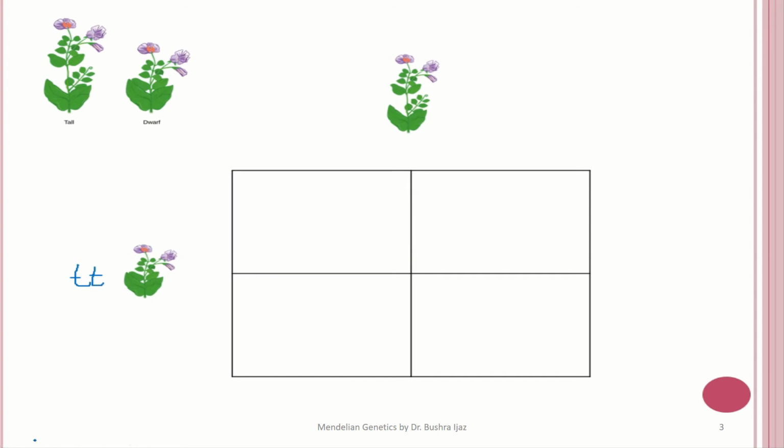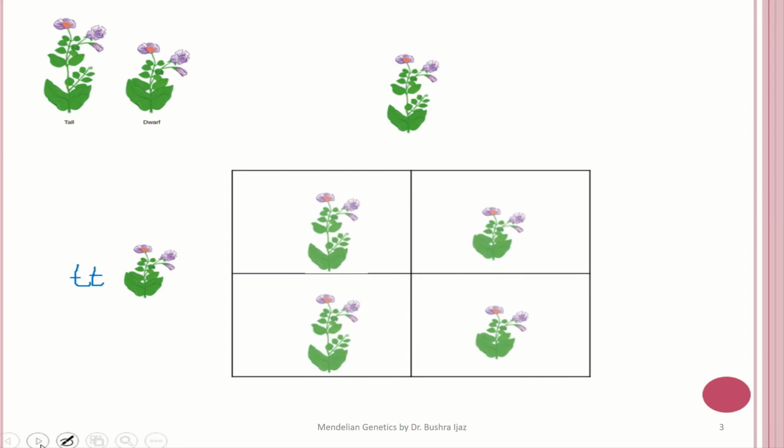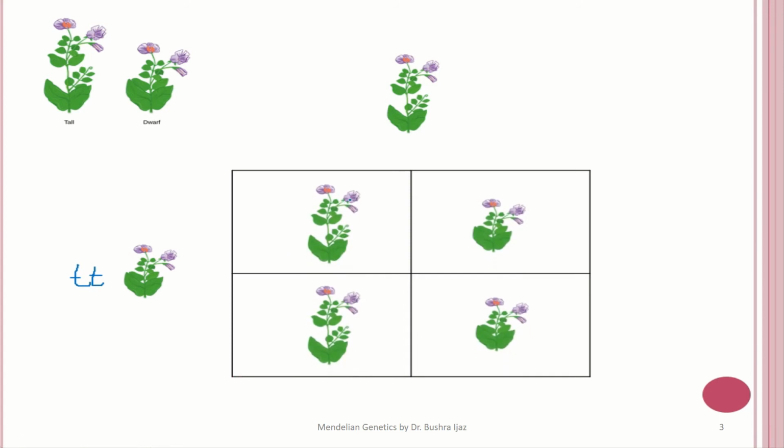So the resulting plants are half tall, half short. It means that this plant must have capital T, small t and this plant must have small t, small t.